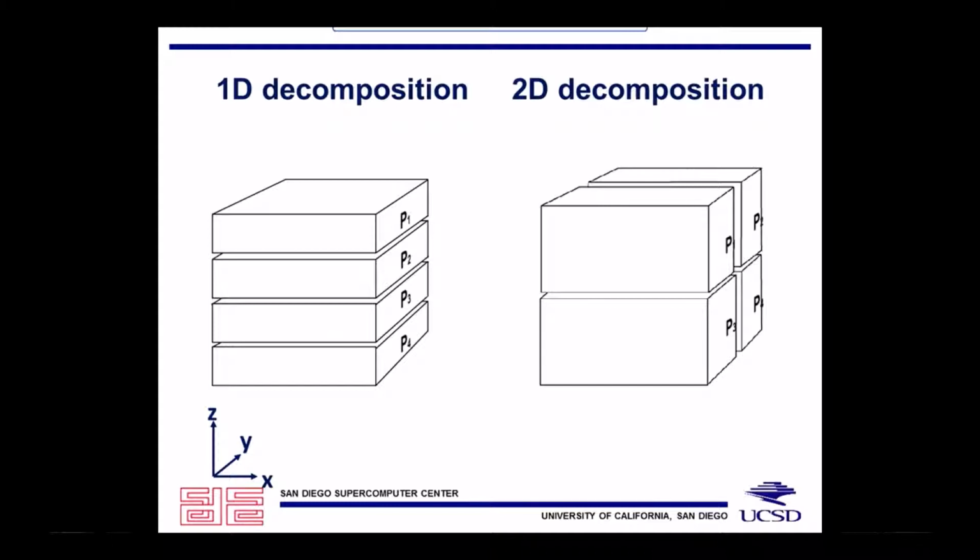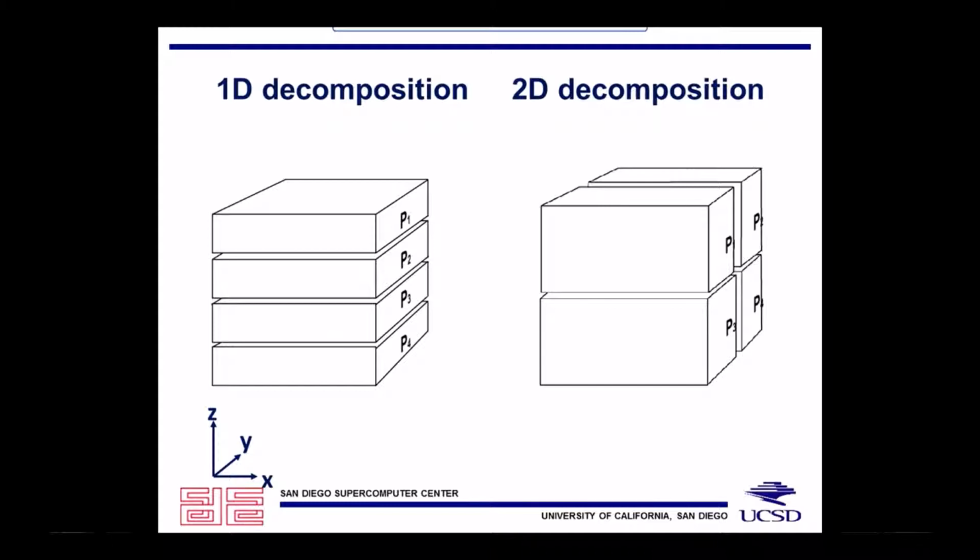So there are several ways you can decompose. If you have a 3-dimensional grid, that's your data. First of all, the easiest decomposition would be one-dimensional decomposition, to cut it in terms of planes or slabs, and each slab lives on a different processor.